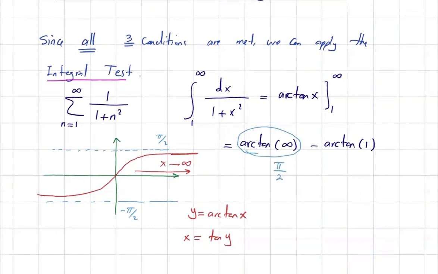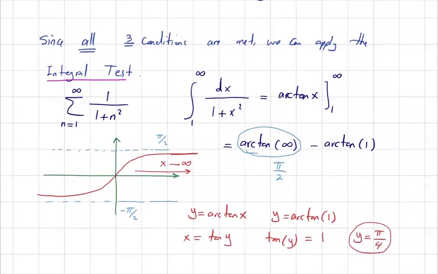What about arctangent of 1? When you write down y equals arctangent of 1, you're basically asking what angle gives me tangent of that angle equal to 1. We already know that the angle is pi over 4.